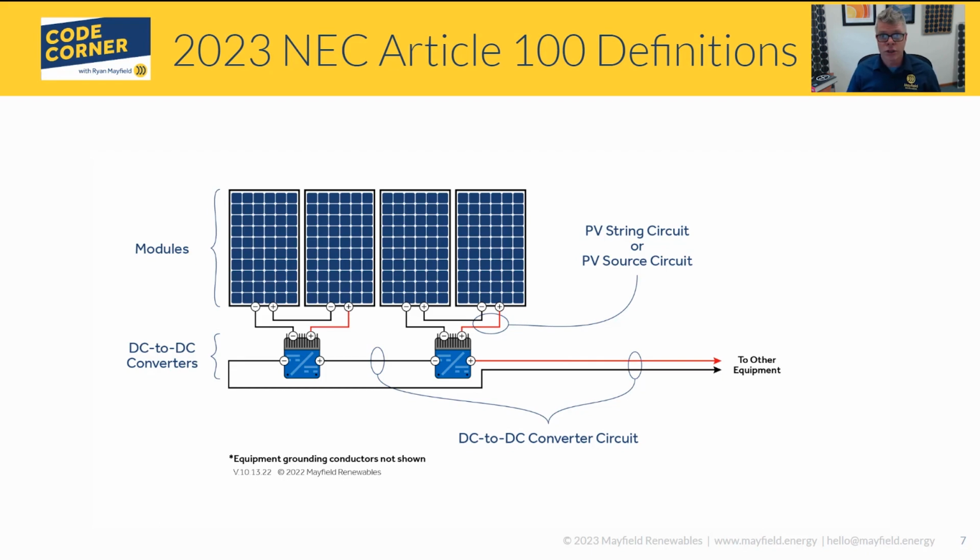The way we're calling the string circuit or the source circuit doesn't change, and the output of those DC to DC converters doesn't change at all either. Whether it's 1, 2, or 4 doesn't really matter. We're going to call the input side of those components PV string or PV source circuits, and the output is just going to be the DC to DC converter circuit.